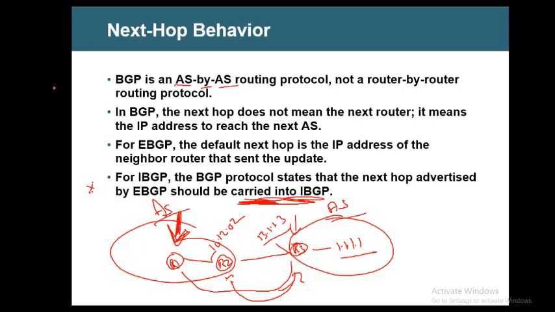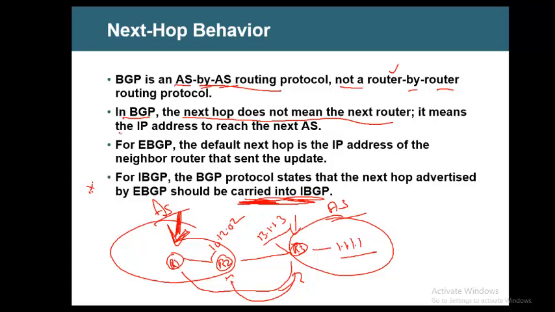Did you understand this point, what I'm saying? Yes, okay. I understand this one. Now let's read from the beginning. BGP is an autonomous system by autonomous system routing protocol. It is not router by router routing protocol. In BGP, the next hop does not mean the next router.